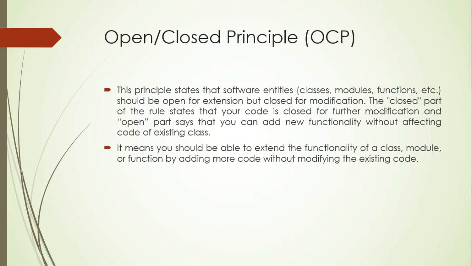This means we cannot modify the existing classes if new features or new requirements come from users, and your class allows the changes. So it means it is not following the OCP.